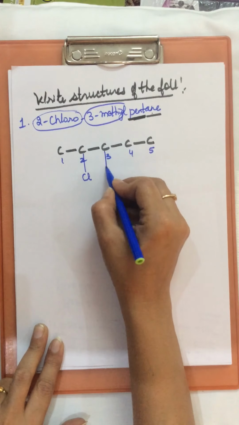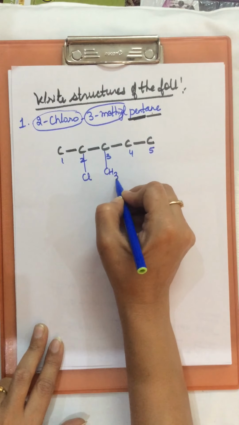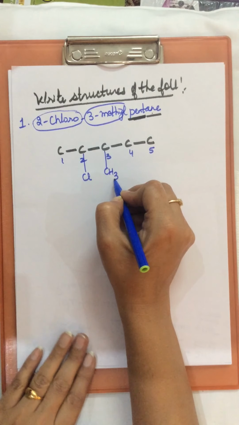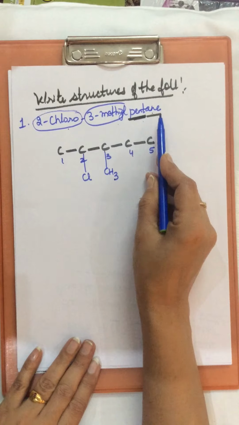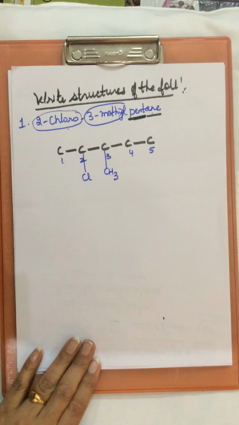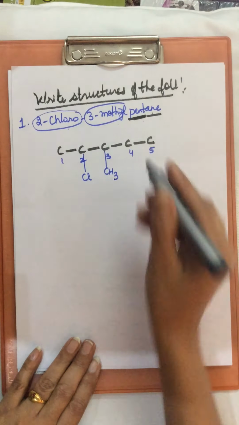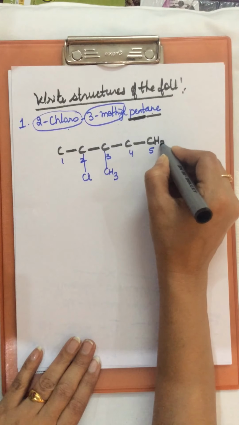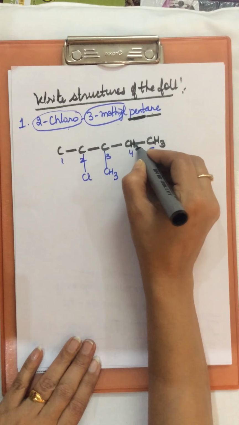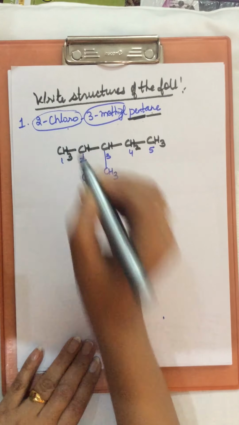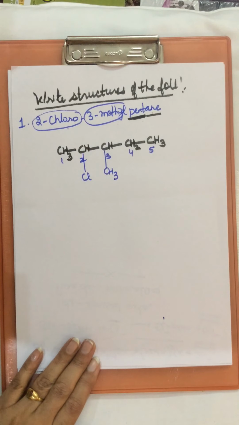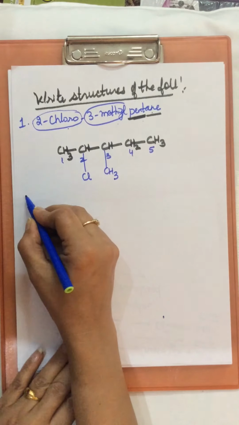With third carbon we attach a methyl. So now we have used everything written in a name: 2-chloro, 3-methyl, pent and ane. Last rule after this is complete the valency of all these carbon atoms by putting the required number of hydrogen atoms. So this is the structure of this compound.